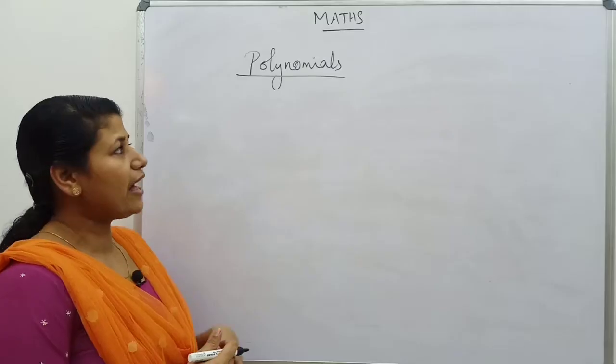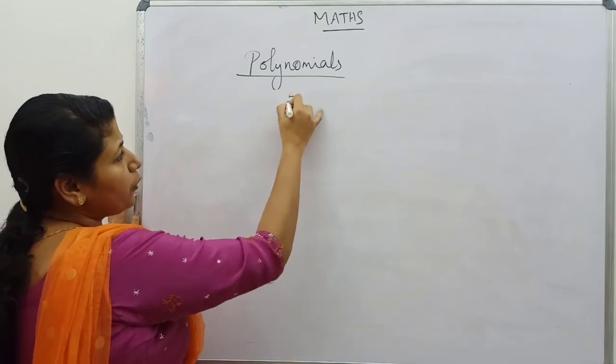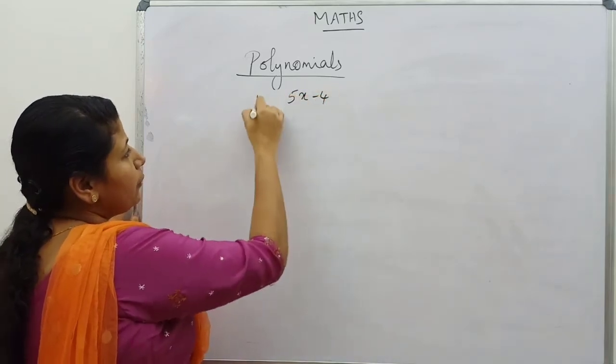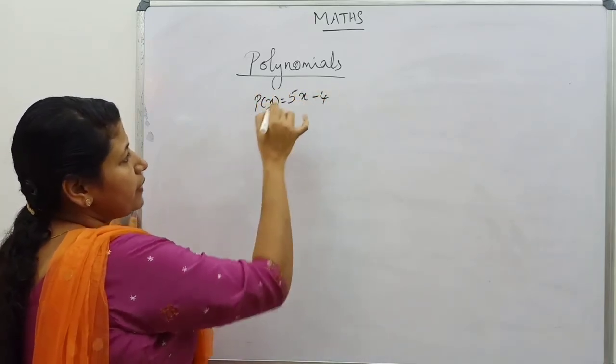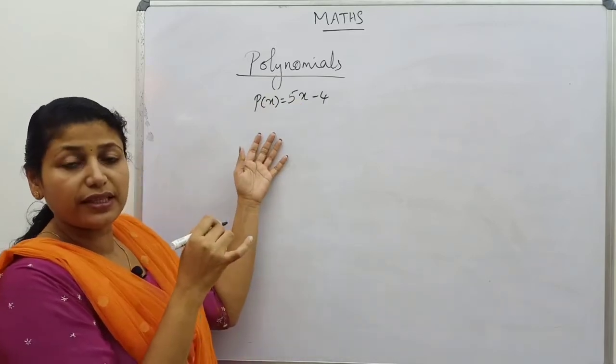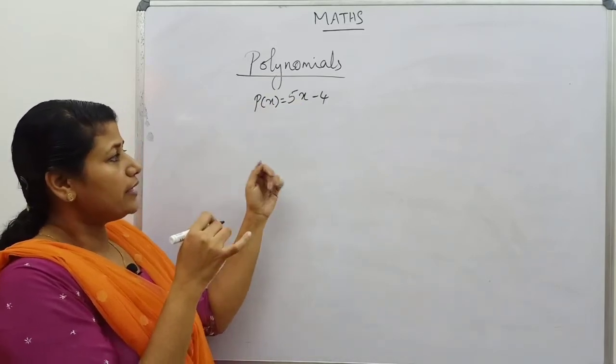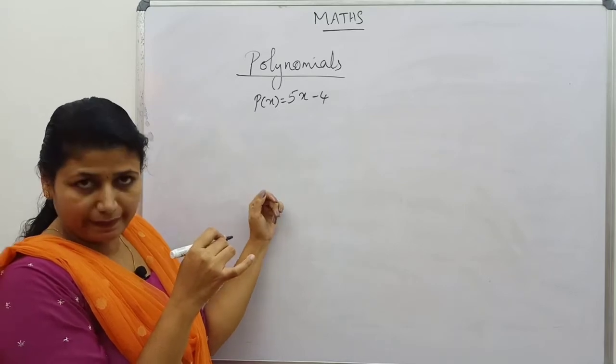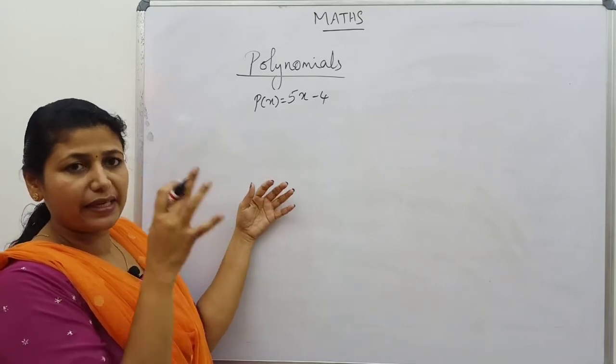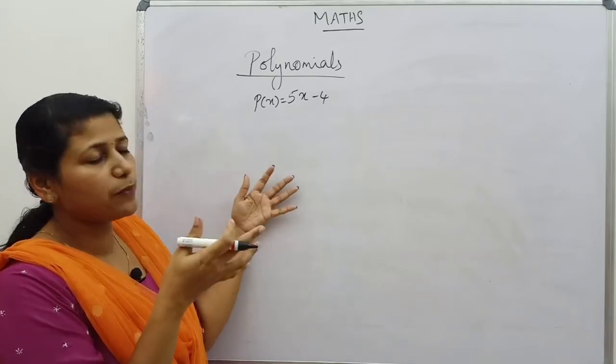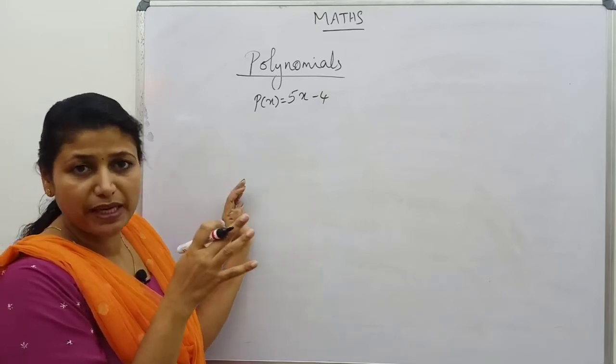Understood? Next we have one example. Find the 0 of the polynomial 5x minus 4. The polynomial is p of x equal to 5x minus 4. We want to find out the 0 of this polynomial. We have just studied a concept: whenever a real number k is the 0 of this polynomial, then p of k must be equal to 0.